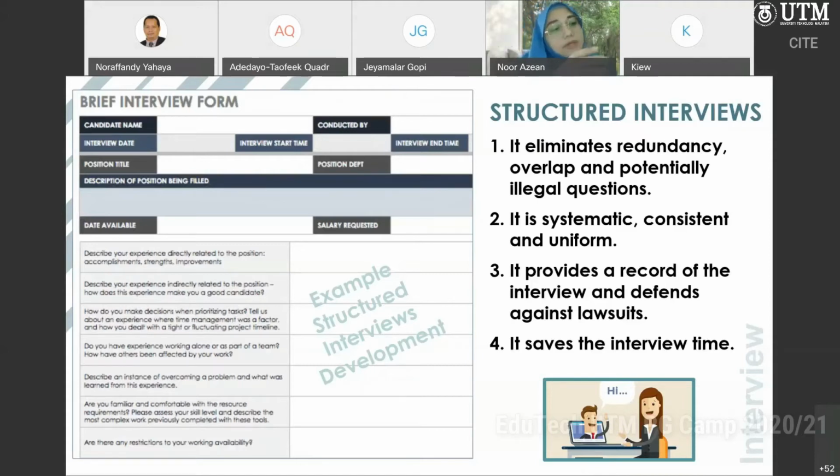So the first question, respondents A, B, C answer this, and it is easy to categorize because we have the same question for everybody, following the numbering and the structure. The structured interview is also known as a pattern interview, plan interview, or standardized interview. It saves interview time, so we just follow one by one.